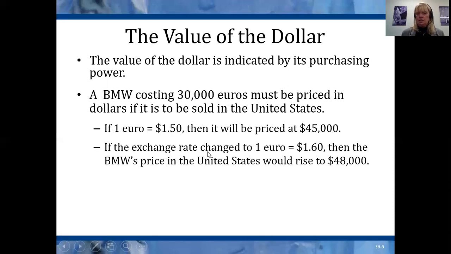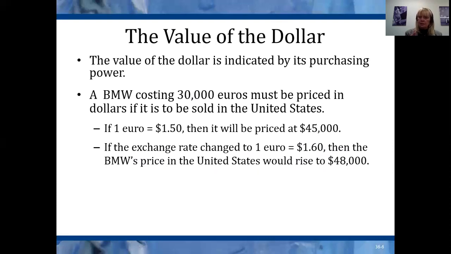If the exchange rate changed to 1 euro equals $1.60 US, which is a kind of a big swing, but not unheard of, then the BMW's price in the United States would rise to $48,000. It takes $1.60 US to cover each of those 30,000 euros.